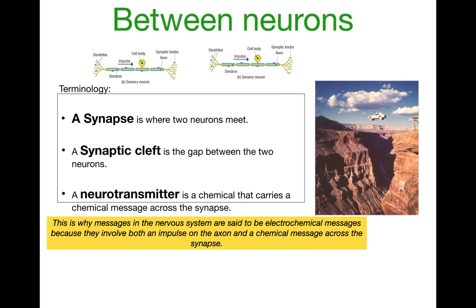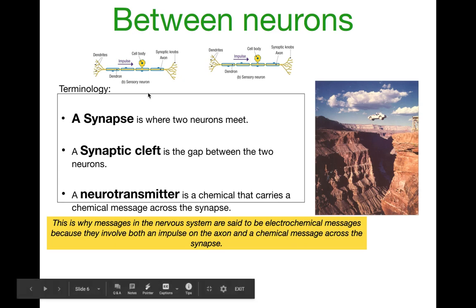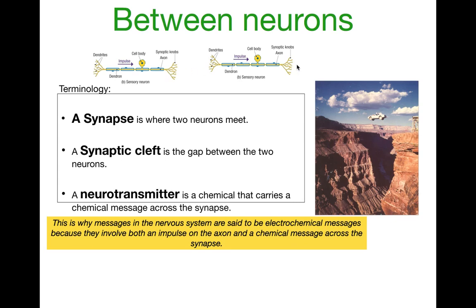Now, this is where I asked you to try to read up a little bit about something called transmission, which is how the electrochemical messages pass along your nervous system. So remember, we're carrying the impulse between neurons. Neurons are lined along here all the way from your sense organ until your brain, okay?